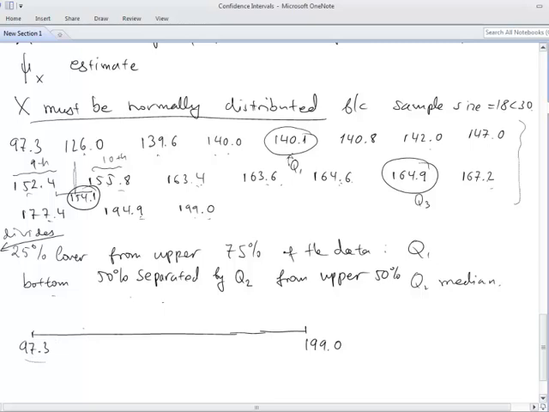It will not be perfect. I will put my Q1 here. That would be my 140.1. My median and my third quartile will be 164.9. That's my third quartile.